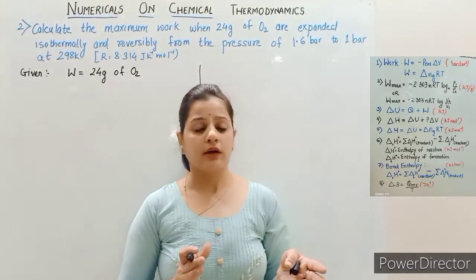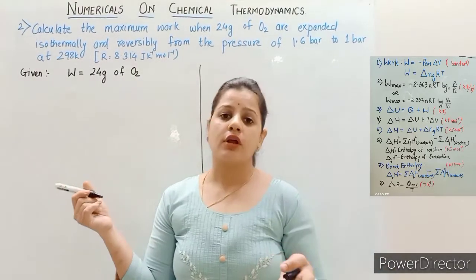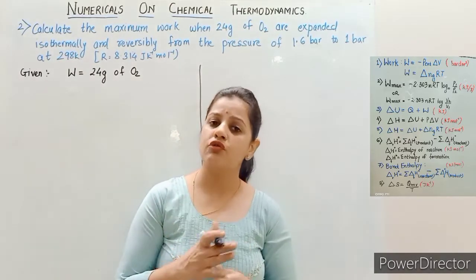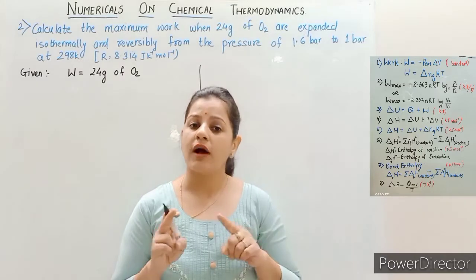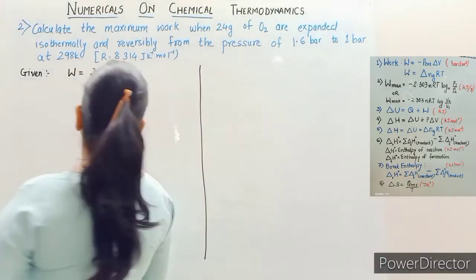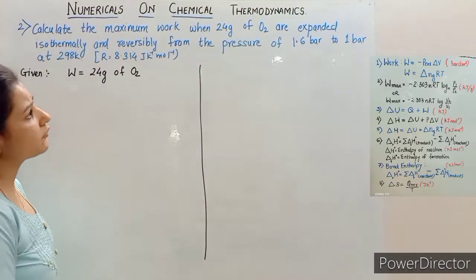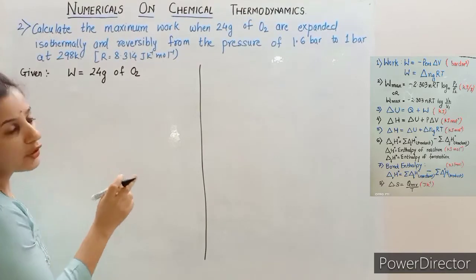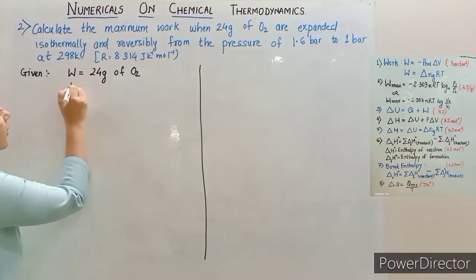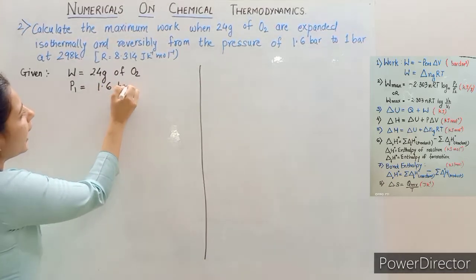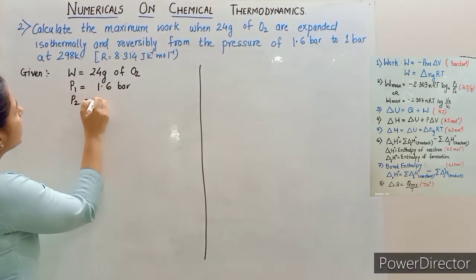If you are given that in an isothermal and reversible process some conditions are given, then they will ask you just to find out the work done. Then you have to compute that you have to find out the maximum work done. Okay. Now W is equals to 24 gram isothermally and reversibly from the pressure of 1.6 bar to 1 bar, means P1 is 1.6 bar and P2 is 1 bar.